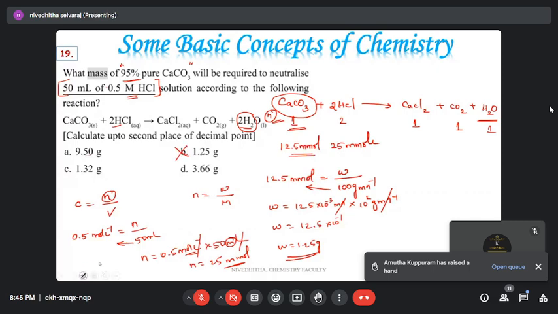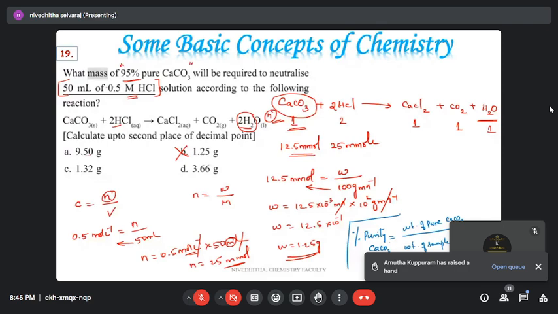So there is a formula to calculate the percentage purity of any component. I'll write it here. Percentage purity of calcium carbonate is equal to the weight of pure calcium carbonate in a particular sample divided by the weight of the sample of calcium carbonate.